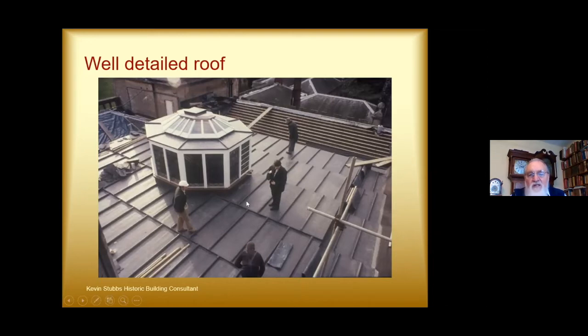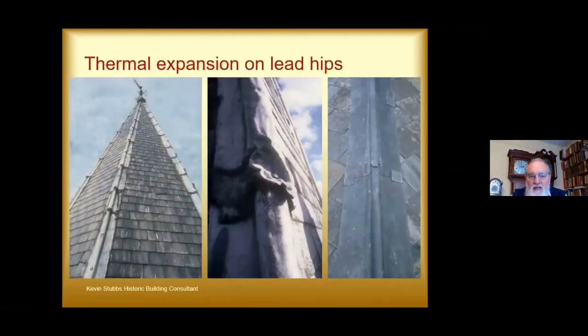Have to be careful that you don't lift the roof to such an extent that you're getting up too tight underneath the drip edges on the lantern light here. So good detailing, very important, and also inspection during and after the lead's been relayed.